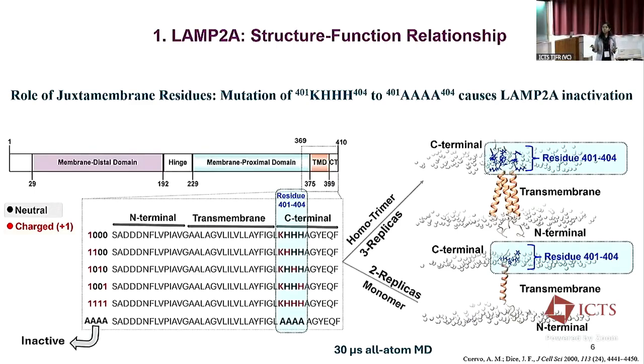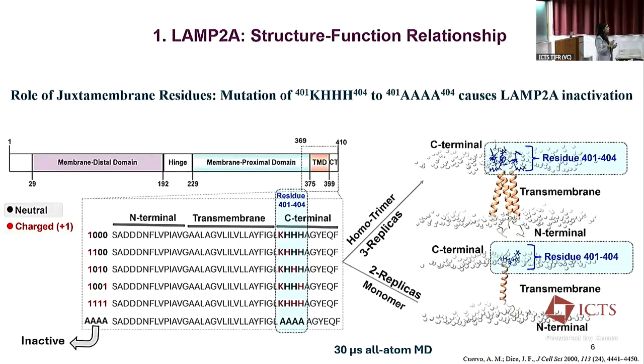So we replicated the same system in silico using MD simulations. We constructed this and made the mutant, AAAA, and tried to see what happens in the functional and the non-functional, that means the monomeric as well as the multimeric form. What are the changes that happen, wild type versus mutant? We also varied the charges of this, since KHHH is charged, all the four charges.